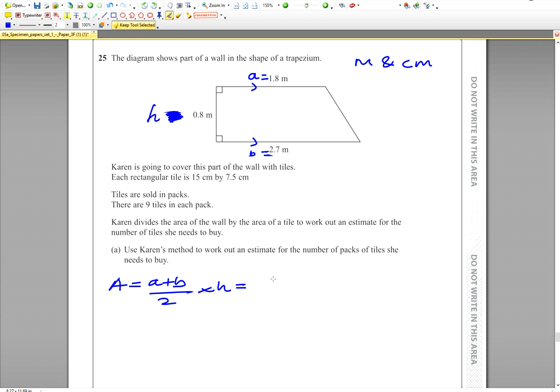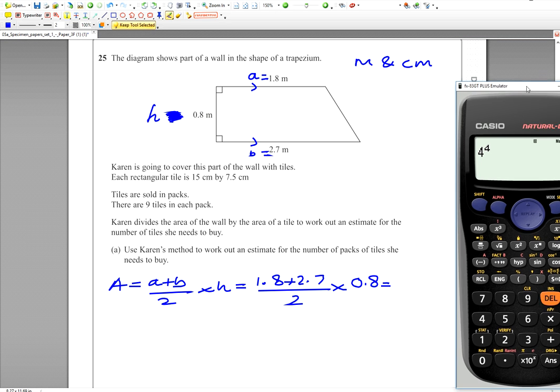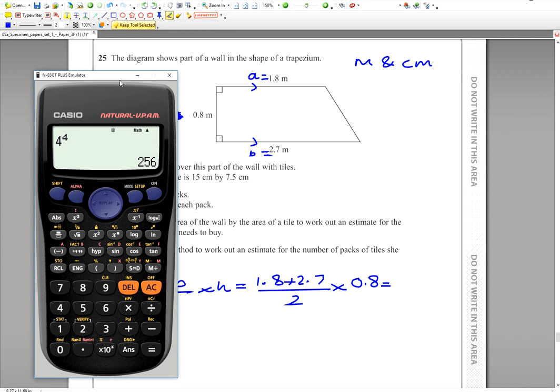Right, so we have a plus b. So we do 1.8 add 2.7, divided by 2 and then times it by 0.8. That will give us our area in meters squared. So who's done that then? Let's have a look. Any calculators? Who's done this one?